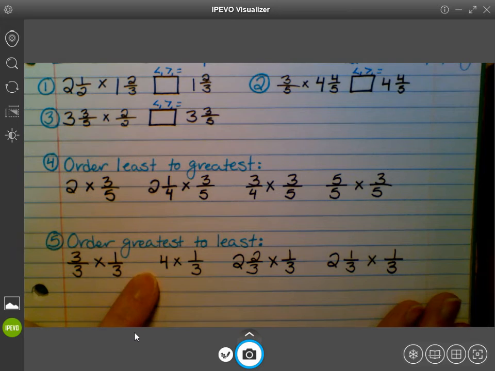So after we solve 2 of them together, then you'll be able to solve the rest on your own, and then we'll correct them together.